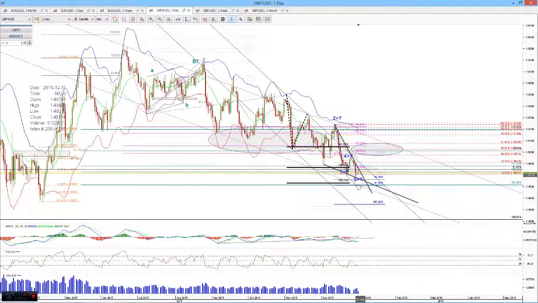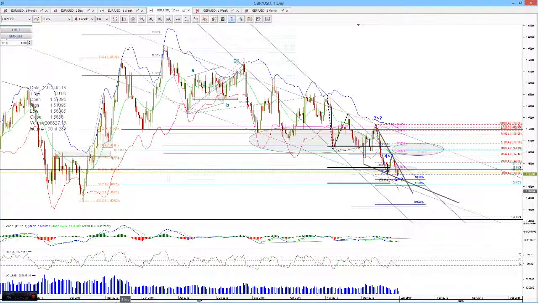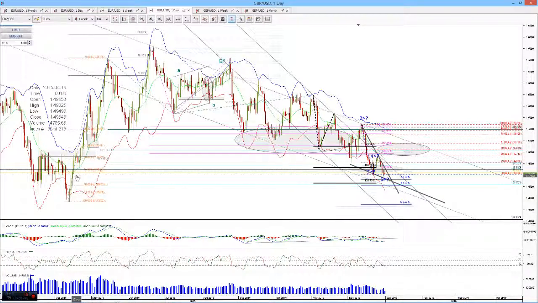It's about to complete, in my opinion, so you can look for a reversal in this area. As long as the market is not able to break that low, a reversal in that area will indicate, in my opinion, an A, a B, and a C wave to the upside.